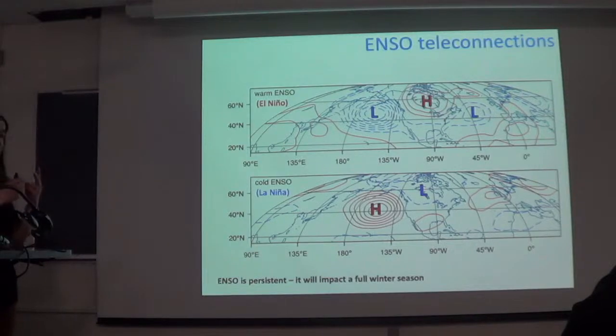So there are two ways in which ENSO will impact MJO convection. For example, the MJO propagates further eastward during El Nino events because you have that warmer SST. It also shifts the teleconnection patterns because of the changes in the subtropical jet.